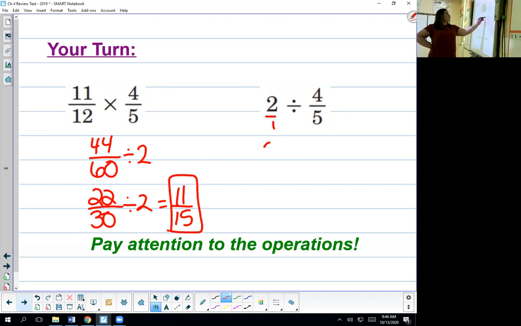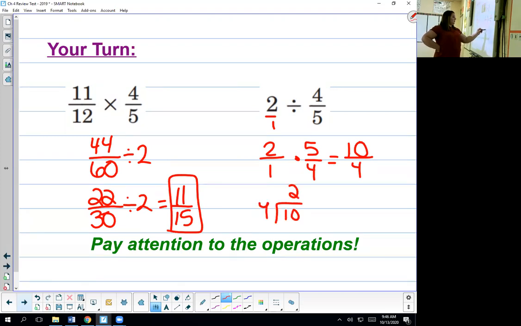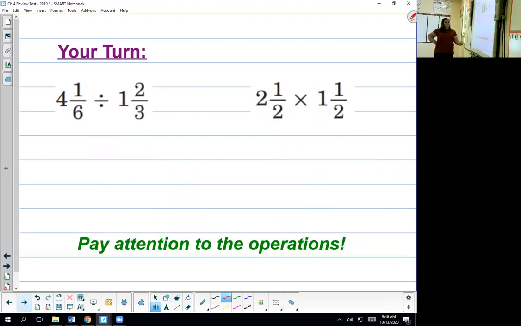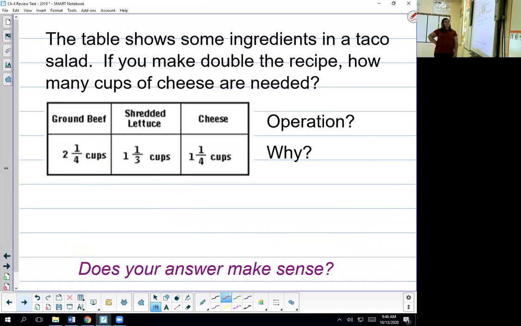This one, you keep the first fraction, multiply by the reciprocal, and you get 10 over 4. But since that is more than 1, that's 2 and 2/4, which simplified is 2 1/2. Pay attention to your sign. Okay, same thing, I could do those, but I'm going to go ahead and move on.